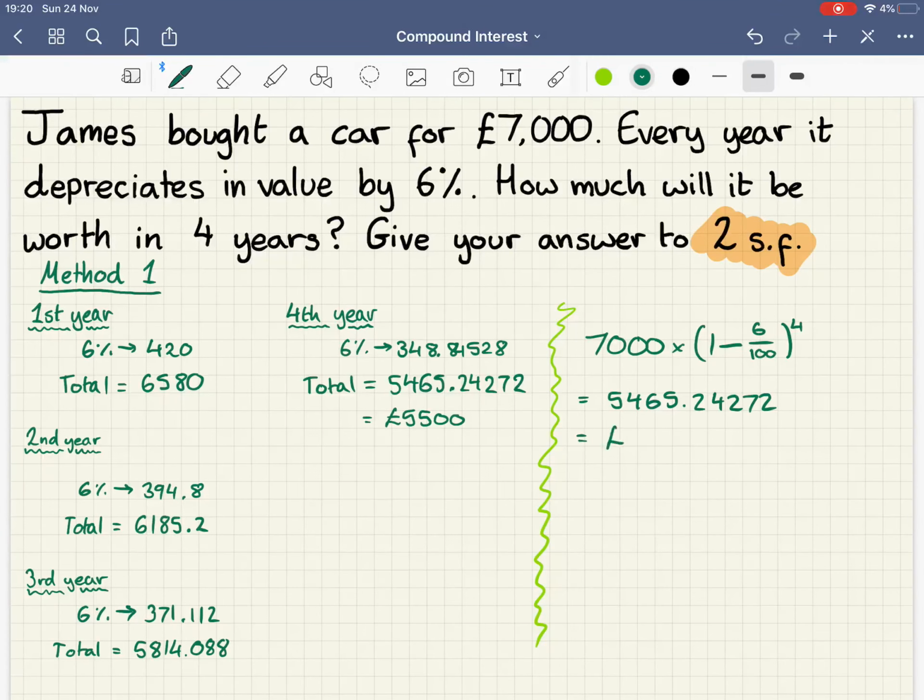And again, you would round it. And make sure, guys, you are in your answer including the pound signs. It makes it really clear that you've acknowledged what you're dealing with, the context of the question. So make sure those pound signs are in.